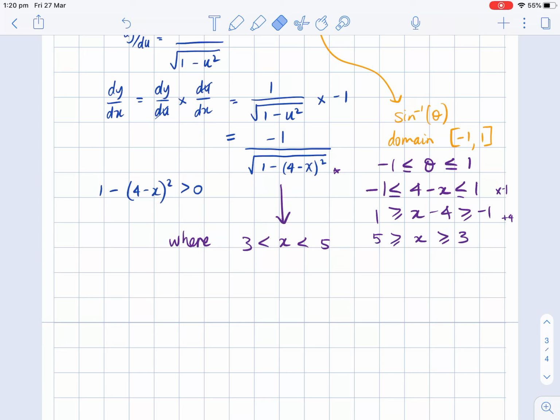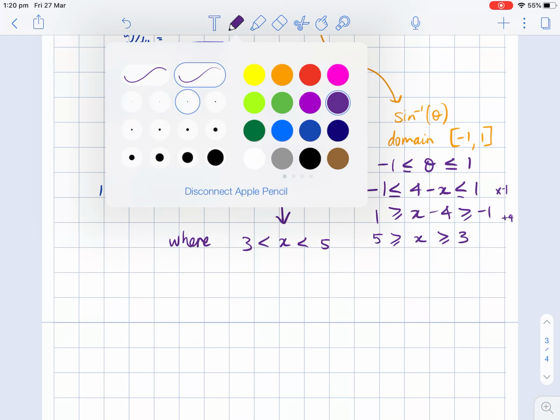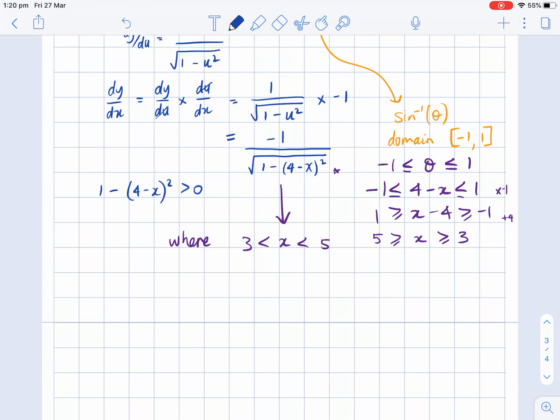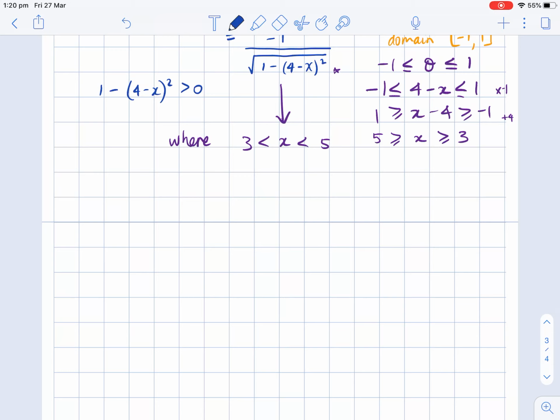So I can write my final expression for the derivative as dy dx equals minus 1 over the square root of 1 minus 4 minus x squared, where x is greater than 3 and less than 5. And that's the answer.